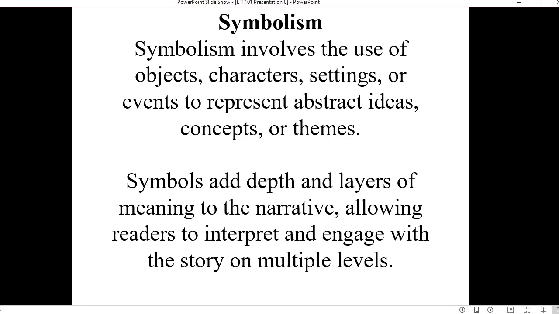This is where the lectures on Literature 101 will end, that is, introduction to fiction. We have looked at fiction, we have looked at characteristics of fiction, we have looked at what makes prose fiction, what makes fiction different from non-fiction.